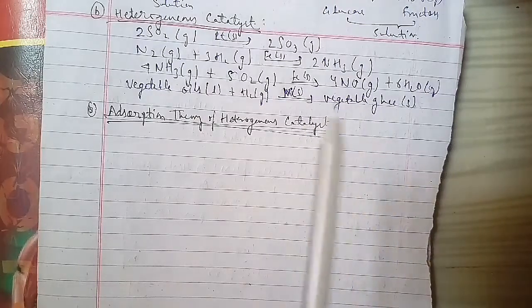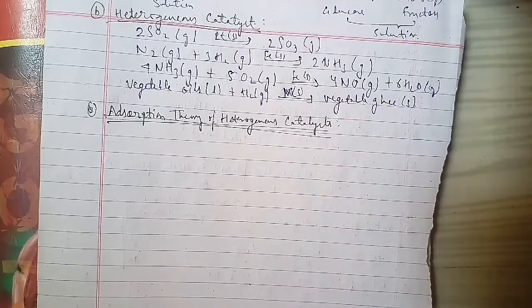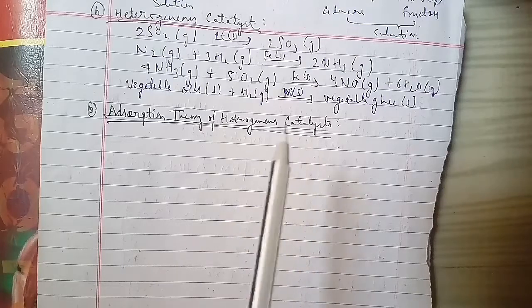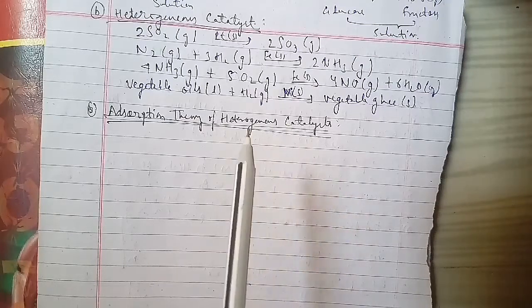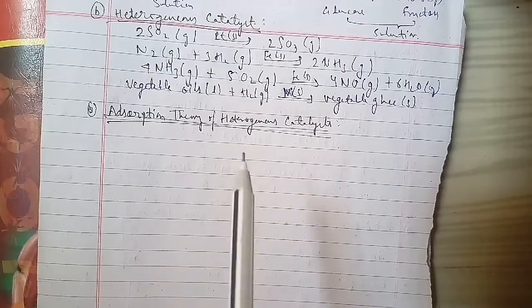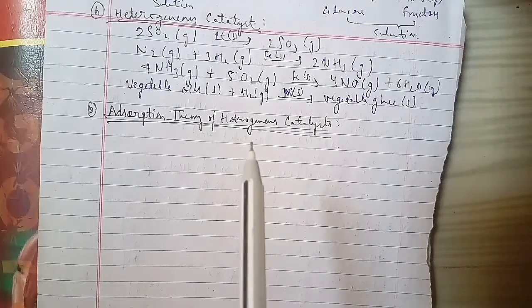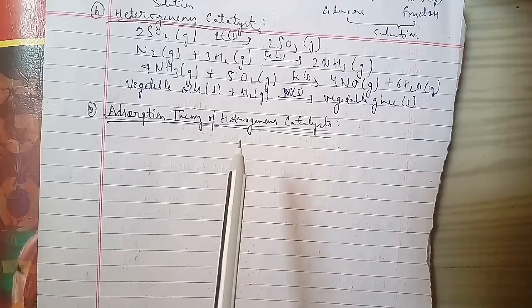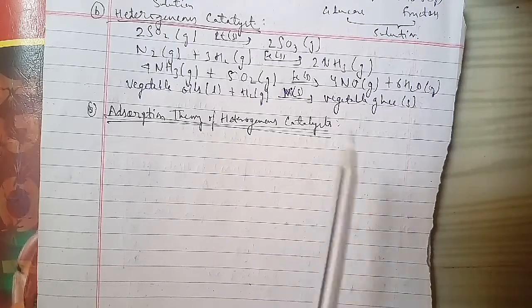The formed molecules may then evaporate, leaving the surface for fresh reactant molecules. In the same way, this theory explains why the catalyst remains unchanged in mass and chemical composition at the end of the reaction, and is effective even in small quantities.